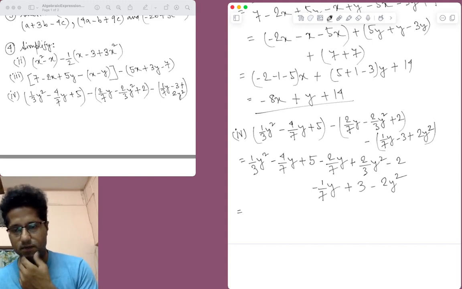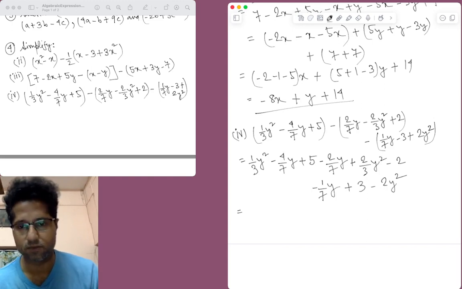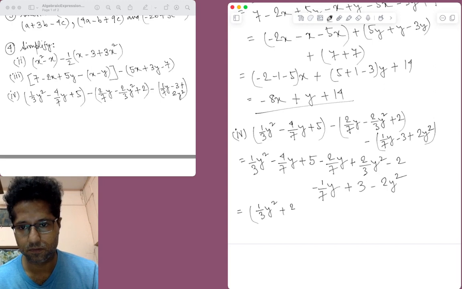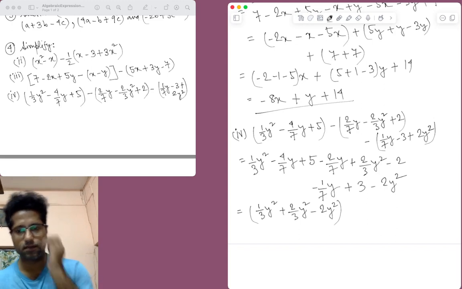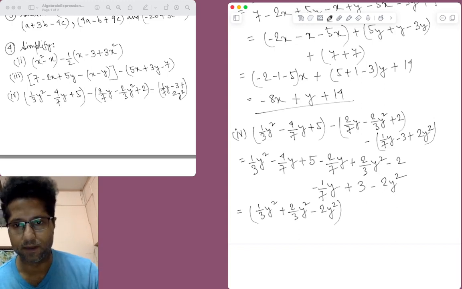Let's collect the like terms with literal coefficient y square, and that is 1 by 3 y square plus 2 by 3 y square minus 2 y square. Now let's collect the like terms with literal coefficient y.